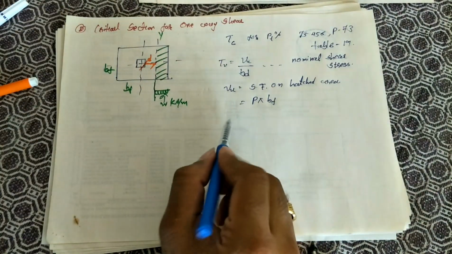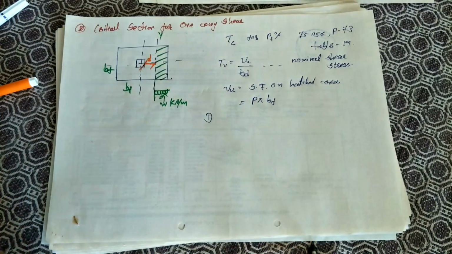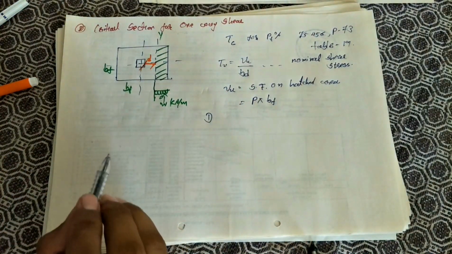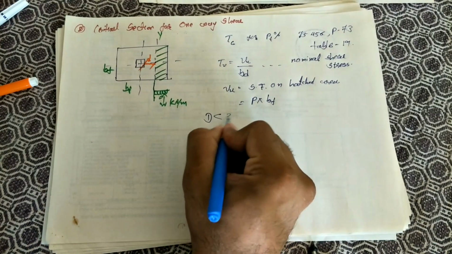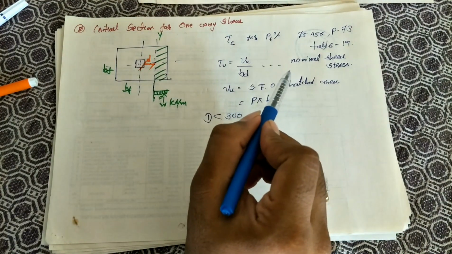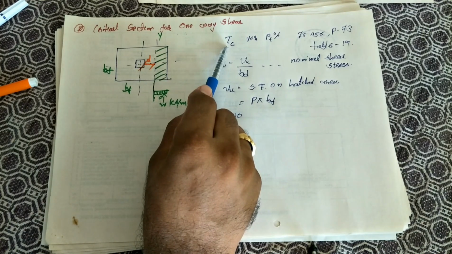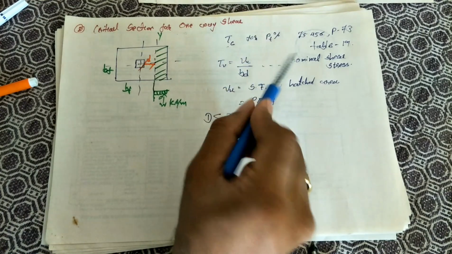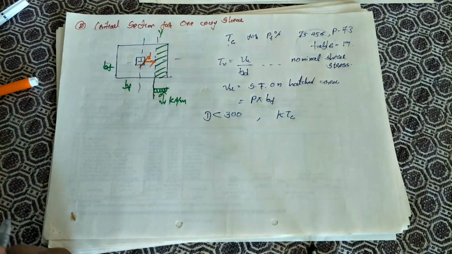If your footing depth, overall depth D of the footing, is less than 300 mm, the design shear strength of the concrete is taken as K into tau c.